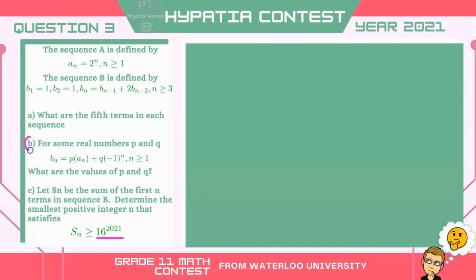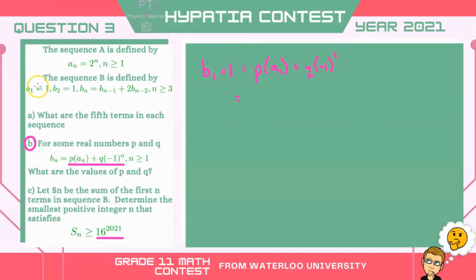Alright, let's move on to part B. Now part B, we have this expression here, and we need to solve for the real numbers P and Q. Well, let's start with B1. B1, we know has a value of 1, and it is equal to P times A1 plus Q times negative 1 to the power of 1.